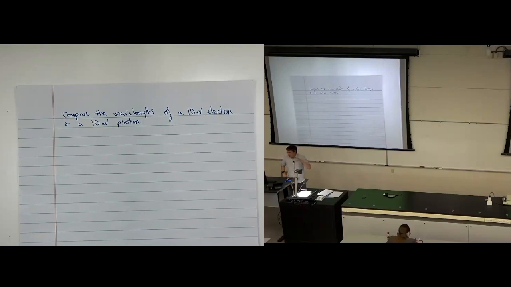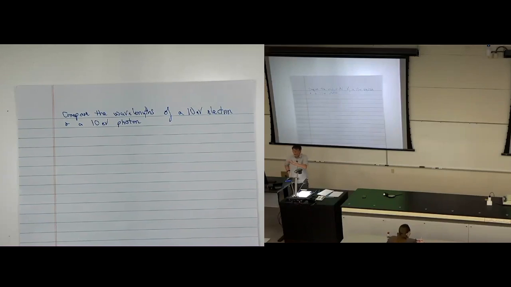I'm asking us to do that to get some sense of the scale of the wavelengths, so that we can appreciate the scale of the matter waves of the 10 eV electron and the 10 eV photon, and perhaps get some appreciation of how we might see the interference patterns.